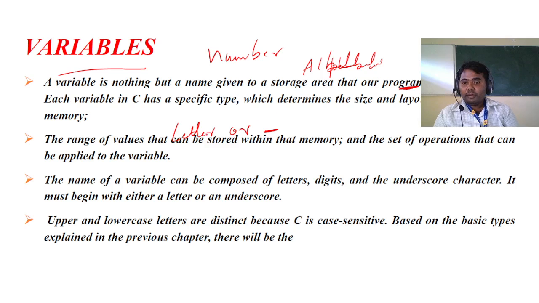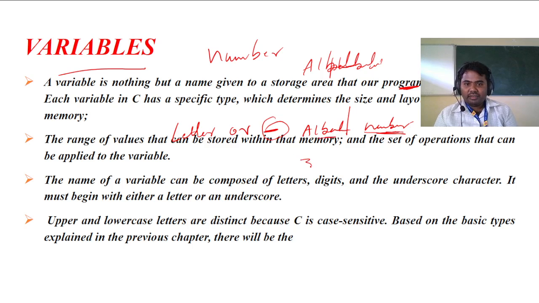A letter or underscore is followed by any number of alphabets or any number of digits. So a variable must start with an alphabet or letter, or with the underscore symbol, followed by any number of digits or alphabets. There is also a limit to the length of the variable.